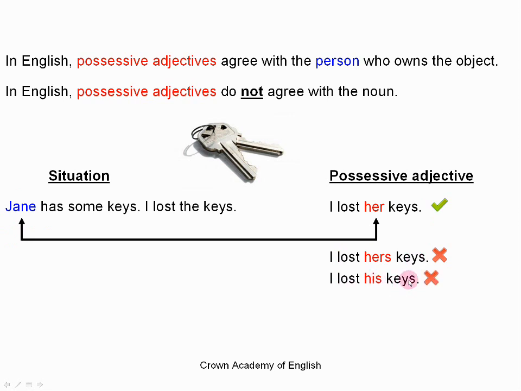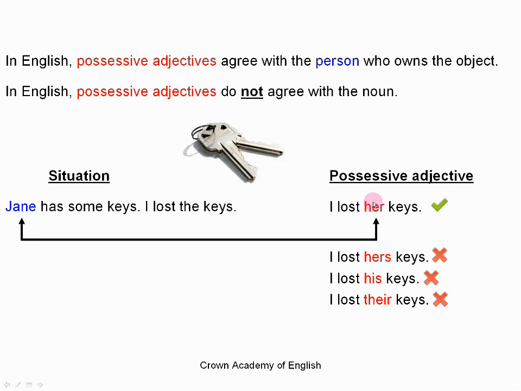His keys is wrong because Jane is a lady. So we need to use the female possessive adjective. And I lost their keys. This is wrong because their is the third person plural. But Jane is only one person. She is singular. So we must use the third person singular female.